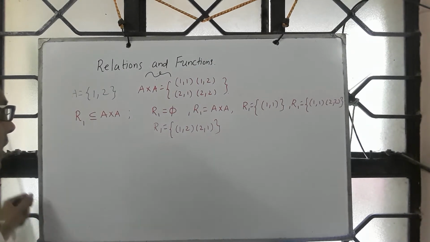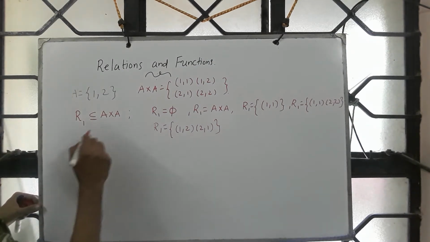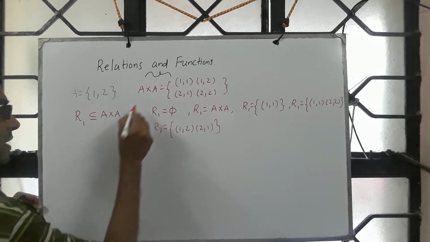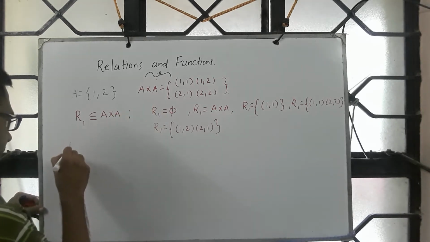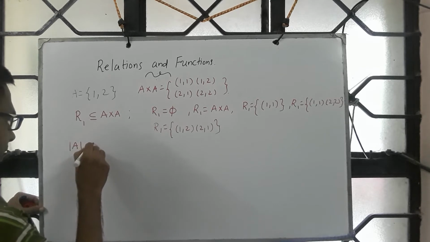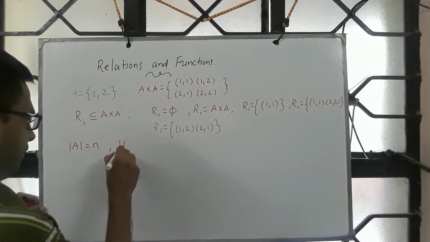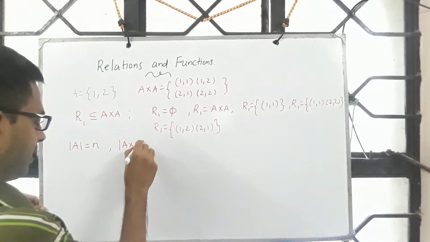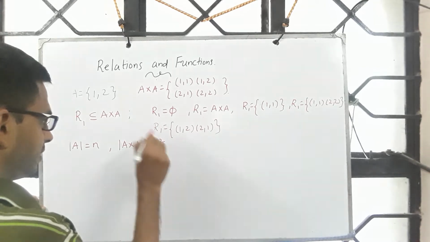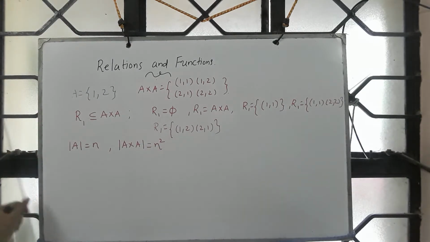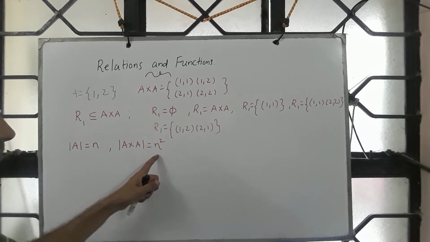Now, similarly, if you have n elements, we saw that the number of elements in A cross A is n square.